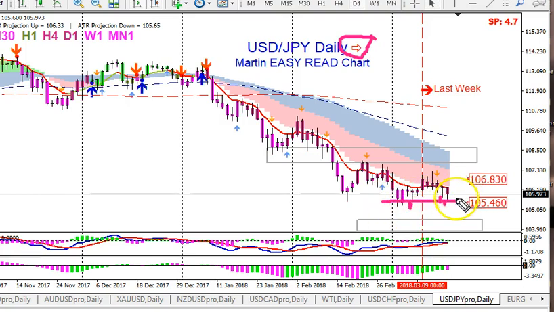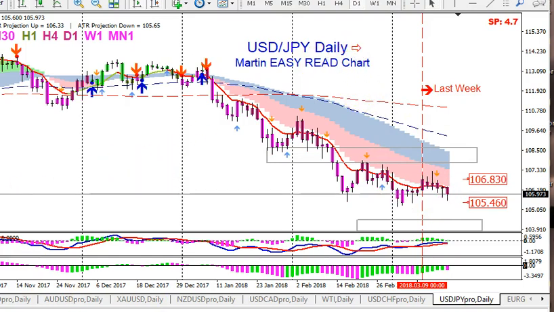But again, my bias is sideways, though you could be looking at buys above 106.83 to the upside, or wait for price to come all the way down below 105.46. So basically, we're waiting for evidence. We're waiting for one bullish candle, again with conviction, to close above this EMA right here. So we want one candle to close above here, and then you could possibly look at taking a buy trade.